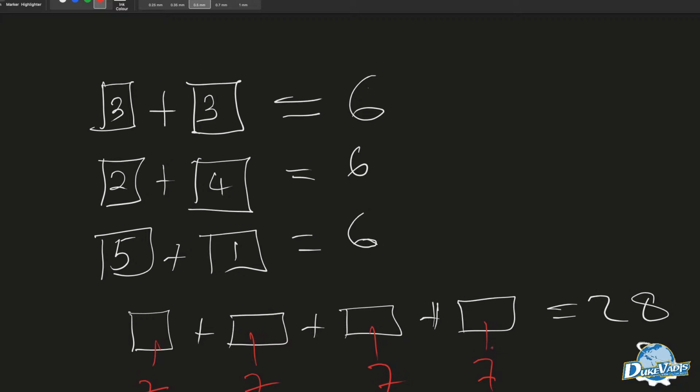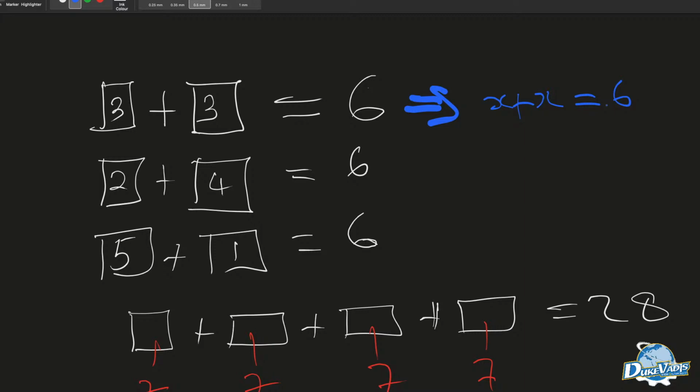Instead of this being 3 plus 3, we will say let this one be x plus x, which equals 6.